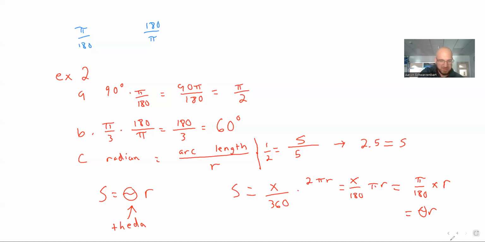So we're going to look at example 3, perimeter of a slice of pizza. Find the perimeter of a 60-degree slice of pizza. It has a 7-inch radius. So a slice of pizza looks like this, 7-inch radius, those are both 7, and I need this arc length.